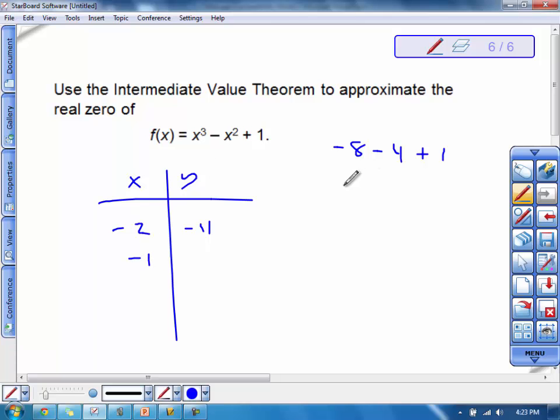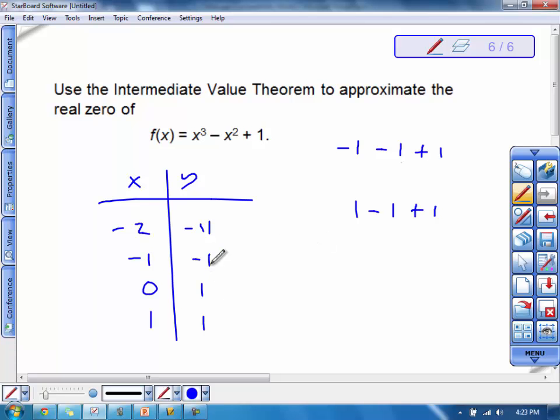Plug in -1, we get -1 minus 1 plus 1 is -1. Plug in 0, you get +1. Plug in 1, and you get 1 minus 1 plus 1, so you get 1 still.